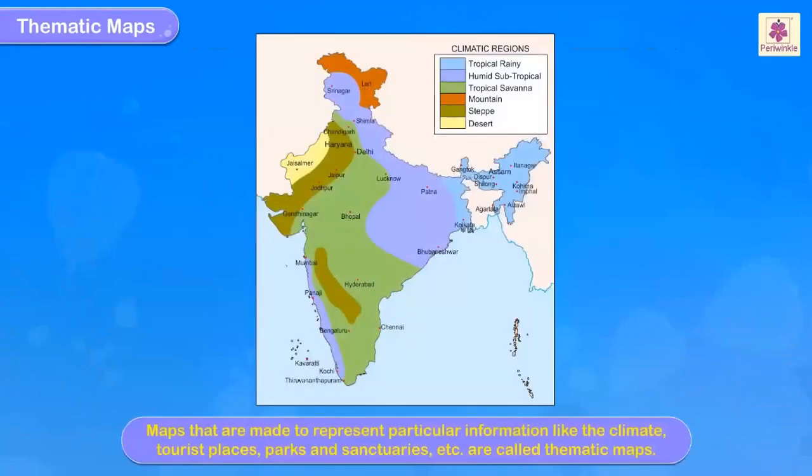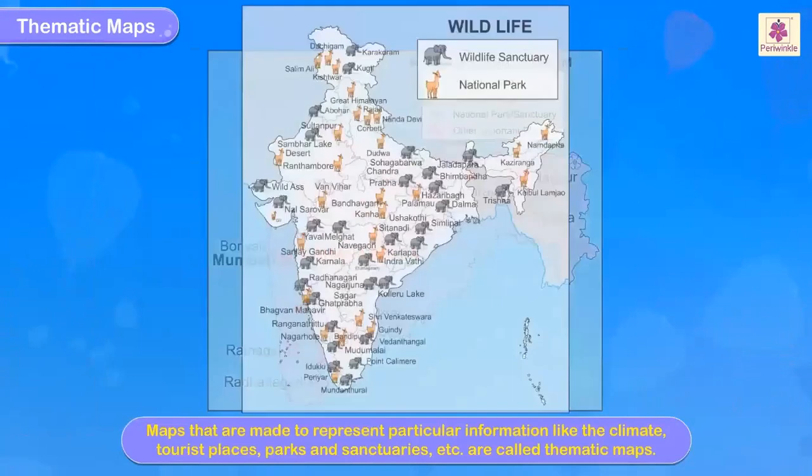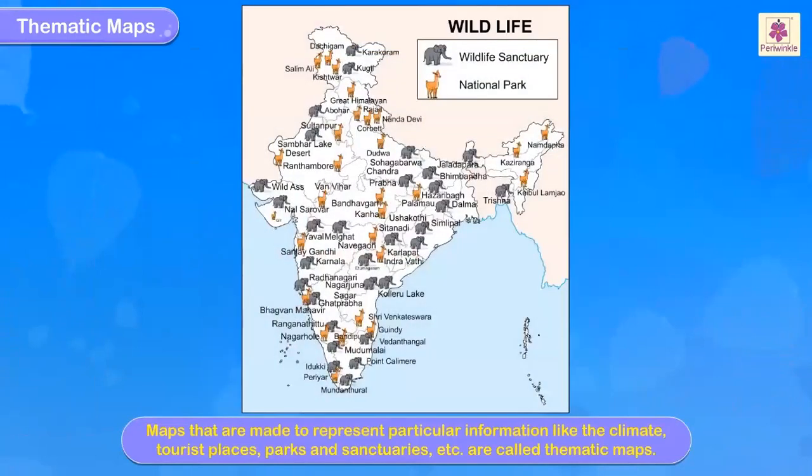Thematic maps. Maps that are made to represent particular information like the climate, tourist places, parks, and sanctuaries, etc., are called thematic maps. Climate maps.